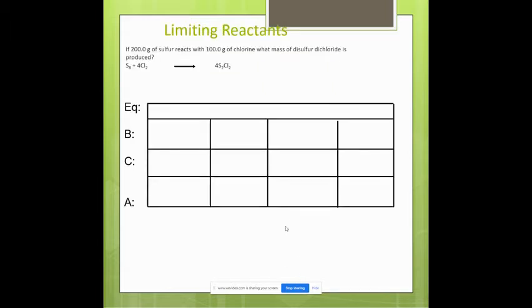So let's start off here with our first example. Here we have sulfur. Sulfur is going to react with chlorine, and we're going to have sulfur dichloride produced.